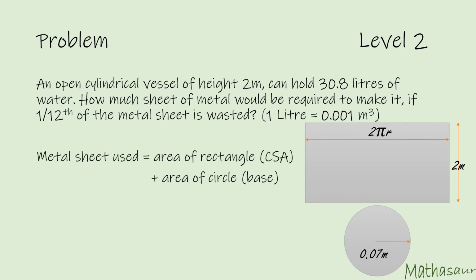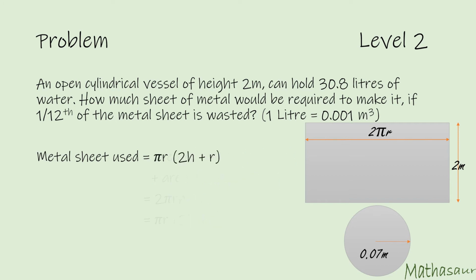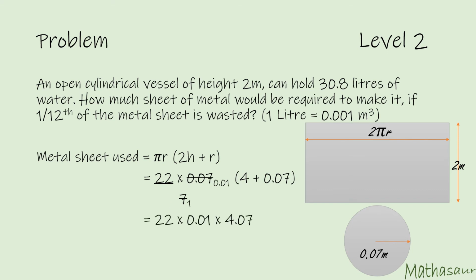So, metal sheet used is curved surface area plus area of base, or area of rectangle plus area of circle, which is 2 pi r h plus pi r square. Let us substitute the values and simplify. Let us not calculate the metal sheet used as yet.